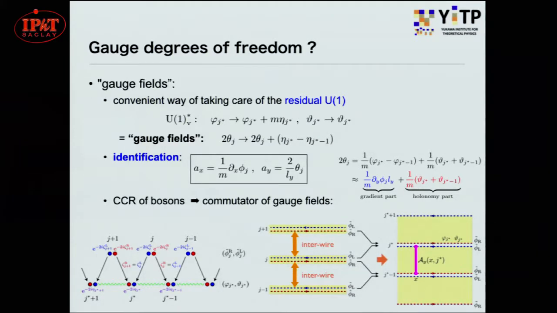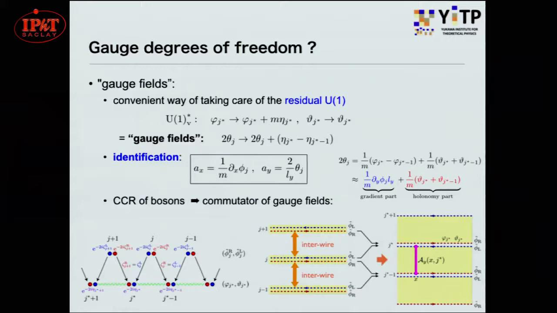If you are familiar with the Chern-Simons gauge field, this identification correctly reproduces the standard decomposition of the gauge field into two pieces, namely a gradient part, which is periodic, and the holonomy part, which is not periodic. Clearly, the phi part gives you the gradient part, and the theta part gives you the holonomy part of the gauge field.